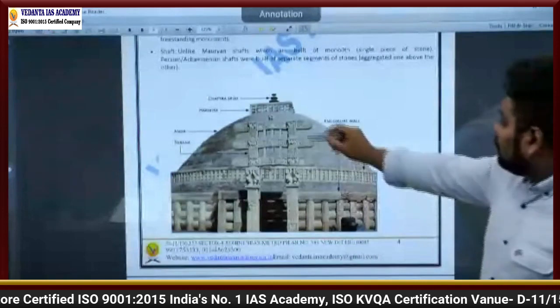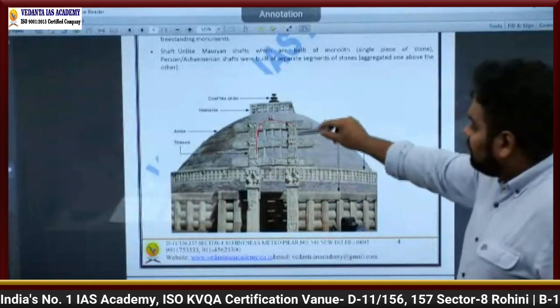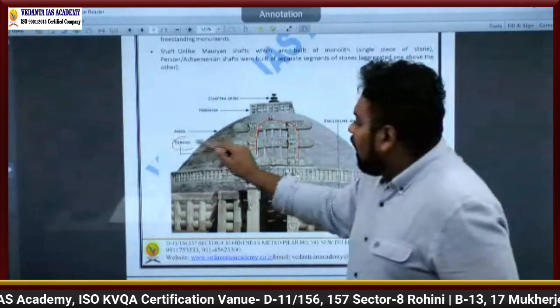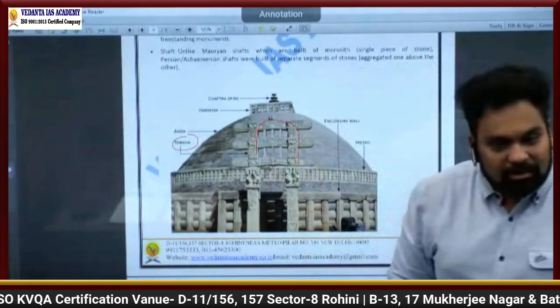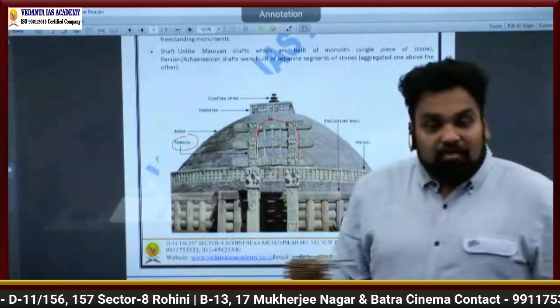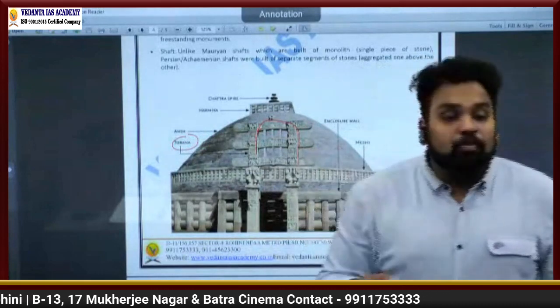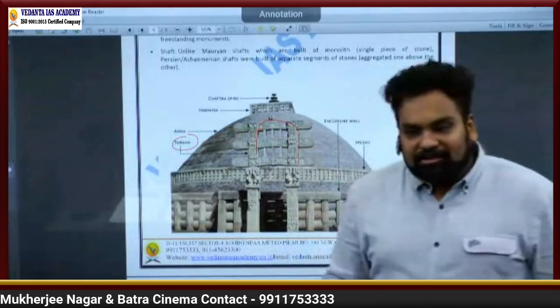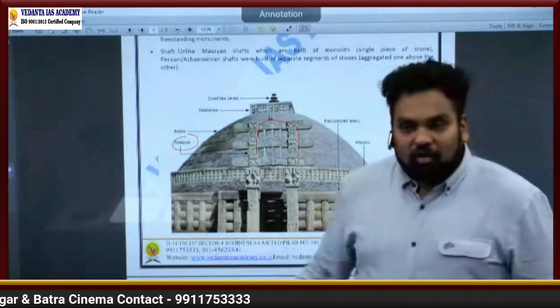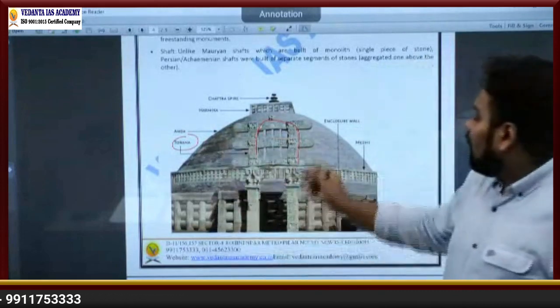For example, these things, as you can see, are known as the Toran. They can ask you where exactly the Toran was placed. It was placed at the 4 cardinal directions at the entrance of the stupa, right? So that is what we have to understand.